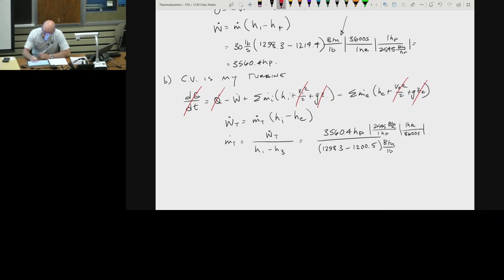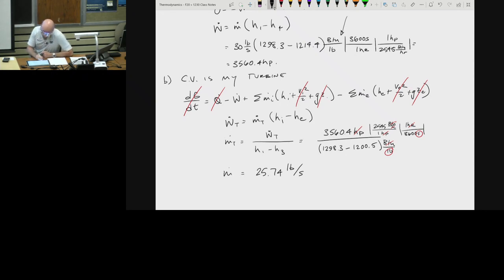Okay, always checking my units. Horsepower goes away, hours goes away, BTUs goes away, and I'm going to have pounds per second, which is what I need. And if I do this, I find that to create that power with that property, I get 25.74 pounds per second must go through that turbine.